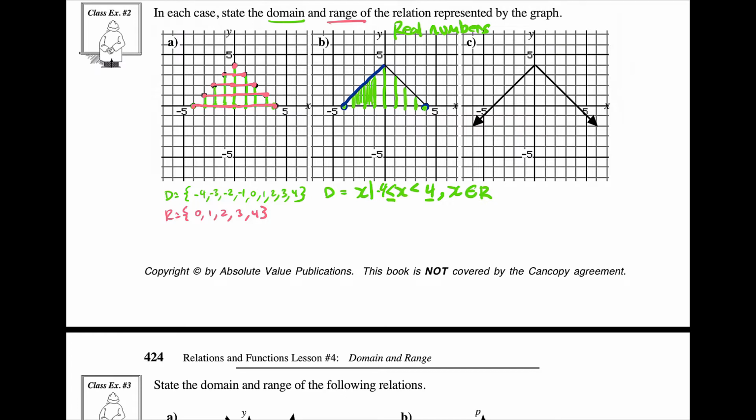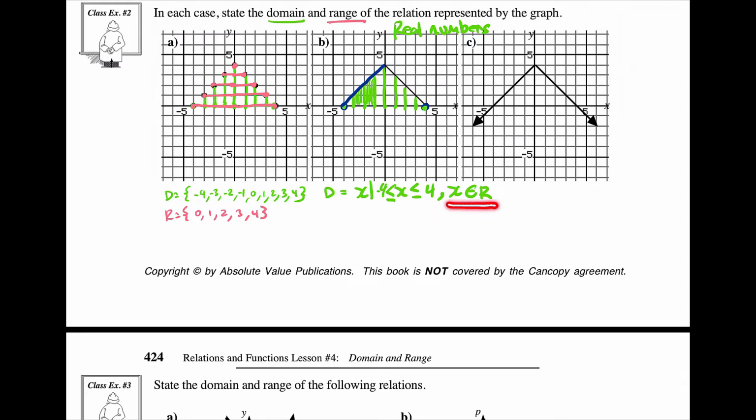Okay, so this reads x is such that x is greater than or equal to -4, and x is less than or equal to, why did I put the equal sign underneath the 4? Move up there to +4, and x is a subset of all real numbers.